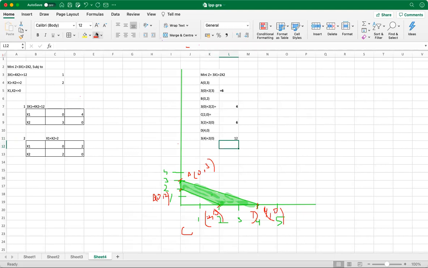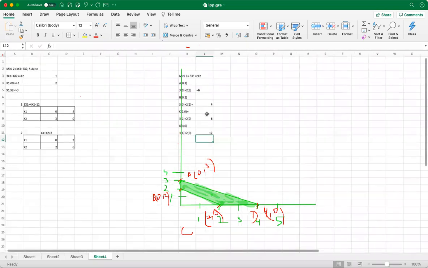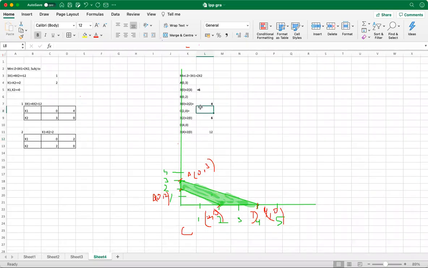So now what will the answer be here? To minimize, what will be my answer? 4. B. 4. Why 4?